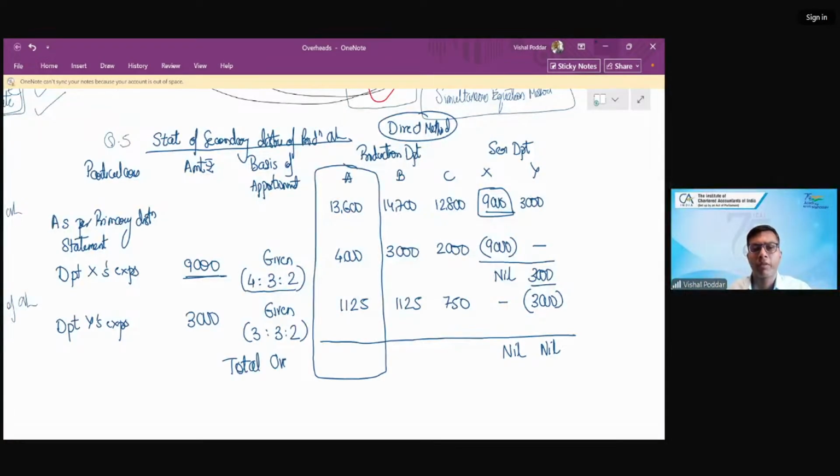So now I'll get the final overheads. A is 13 plus 4, 17 plus 1, 18, 18 plus 7, 25. B is 14 plus 3, 17 and 1, 18, 18 plus 8, 26. C is 12 and 12, 14, 14 and 15, 5, 50.